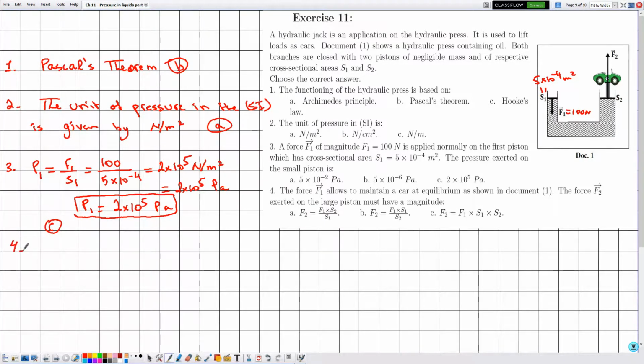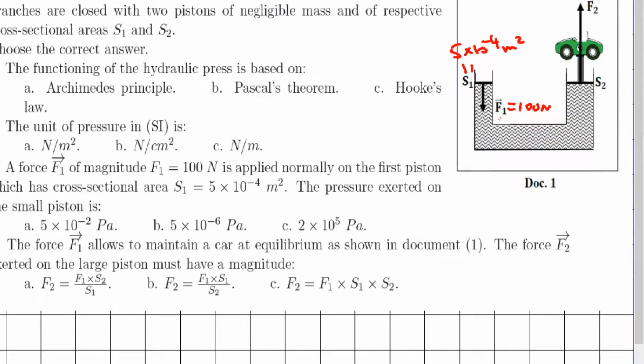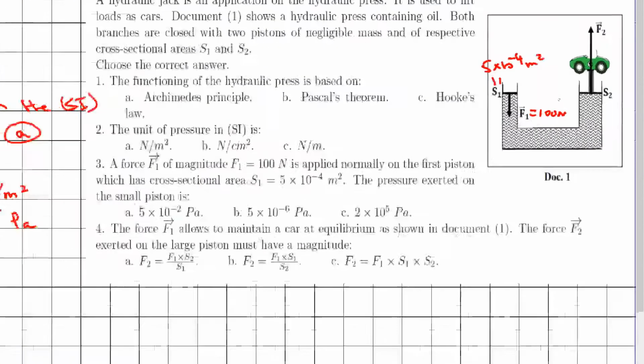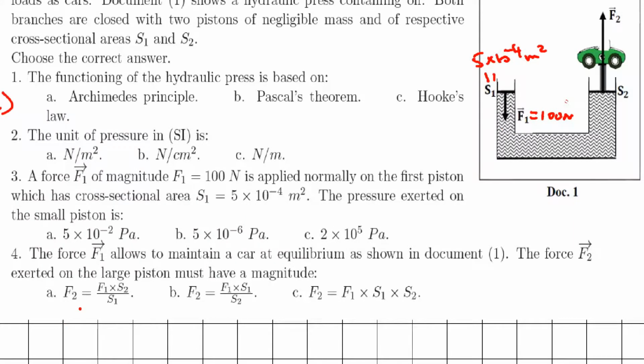Now number 4. The force F1 vector allows to maintain a car at equilibrium as shown in document 1. The force F2 exerted on the large piston must have a magnitude, so we have the following choices. Notice that all of these are combinations between F2, S2, F1 and S1. So for sure, in order to determine which of these is the correct expression, we need to use Pascal's theorem.